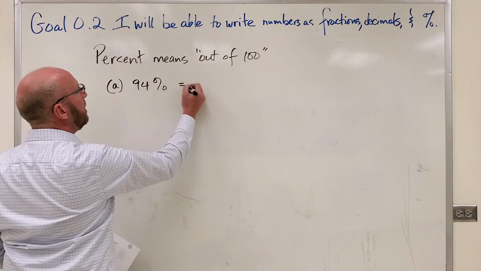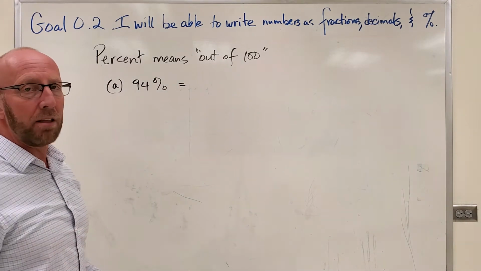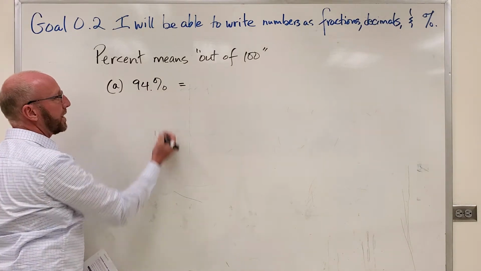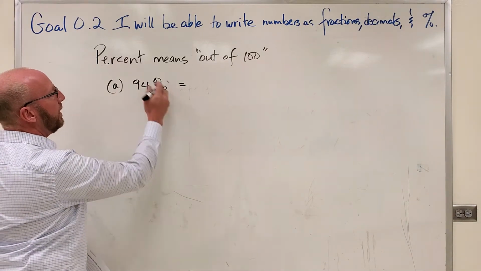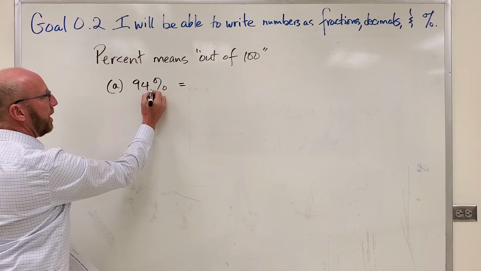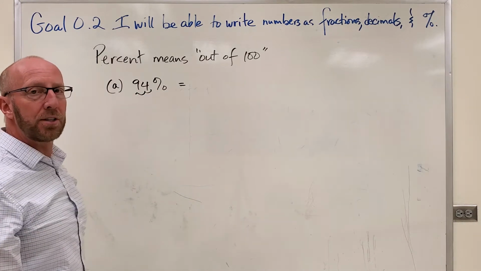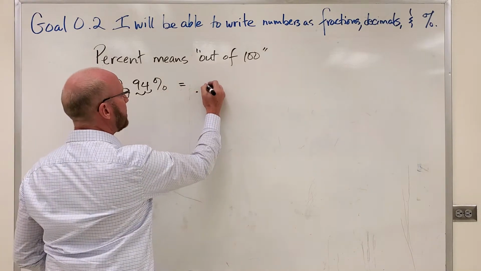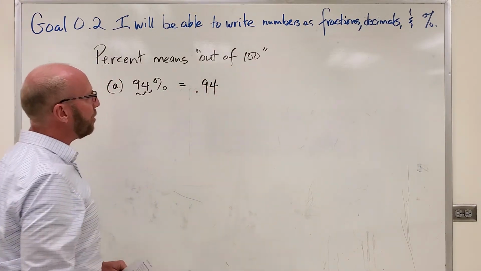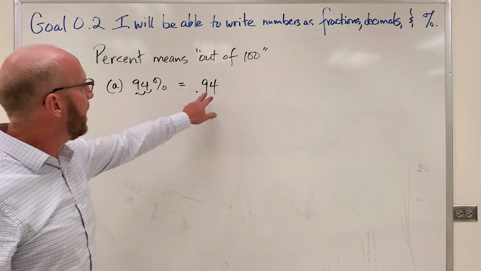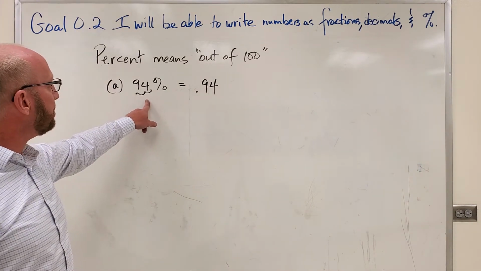So if I take 94%, to make that a decimal, I need to find the decimal point, which is right here right now. And since percent means out of 100, I need to move the decimal back 2 to the left. So 94% is 0.94, 94 hundredths.